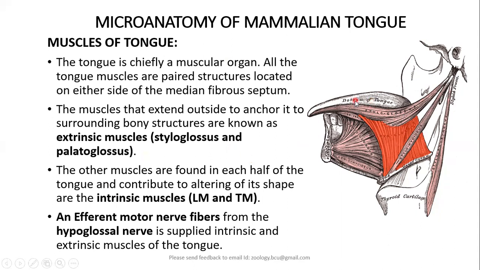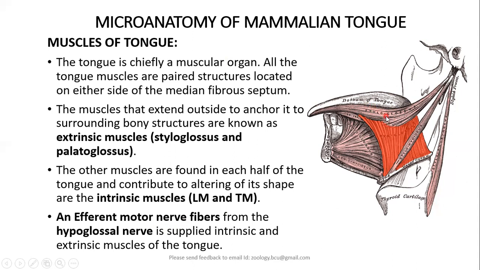Similarly, we also have internal muscles or intrinsic muscles like longitudinal muscles, transverse muscles, and oblique muscles, which contribute to the shape of the tongue. That means they help the tongue in the contraction and relaxation and also in the feeding. The tongue is also innervated by an effector motor nerve fiber from the hypoglossal nerve.